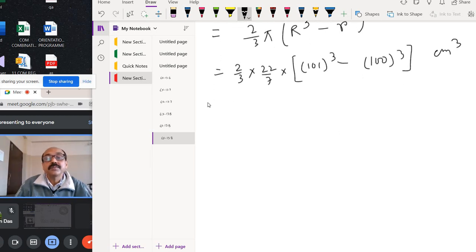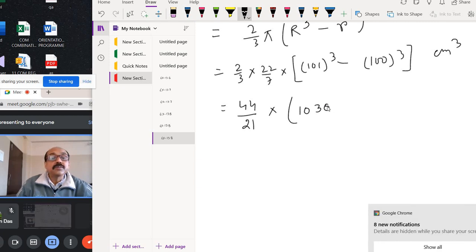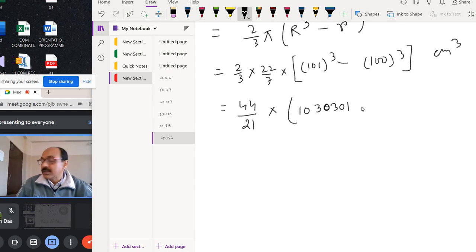Now 2 into 22 is 44 by 21, into 101 whole cube. 101 into 101 into 101 is 1030301, minus 100 cube, which is 1 followed by 6 zeros, in centimeter cube.